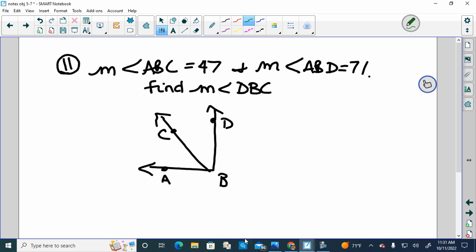Number 11. The way that this reads is the measure of angle ABC is equal to 47. That's the symbol and. The measure of angle ABD equals 71. They want us to find the measure of angle DBC.